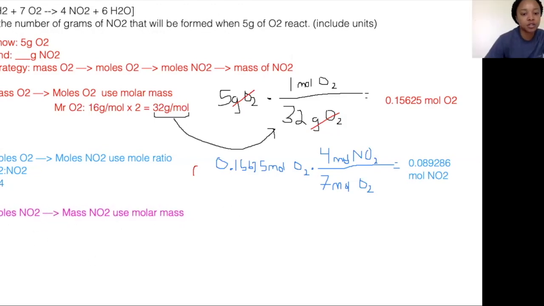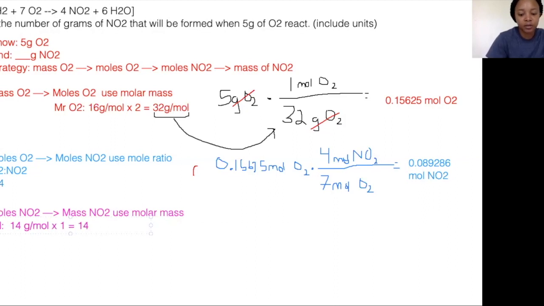Okay, so let's do the molar mass of NO2. So we have nitrogen. I don't even have a periodic table. It's going to be 14 grams per mole. How many do we have? We only have one of them.